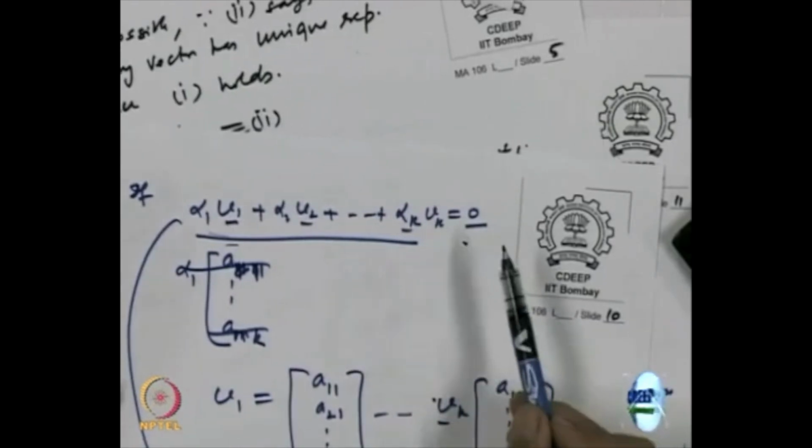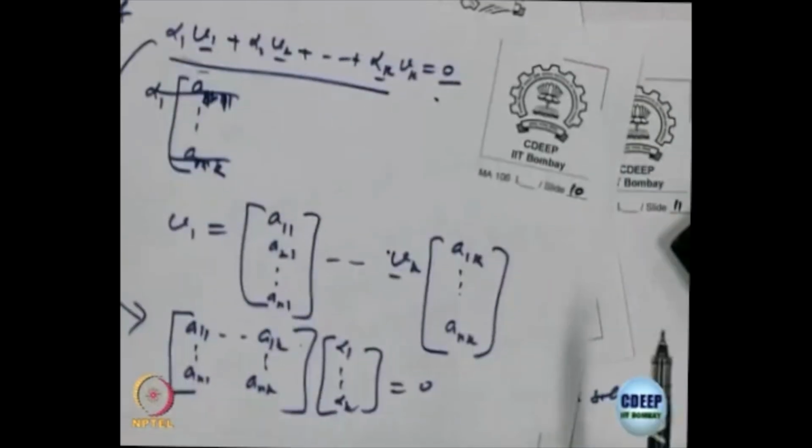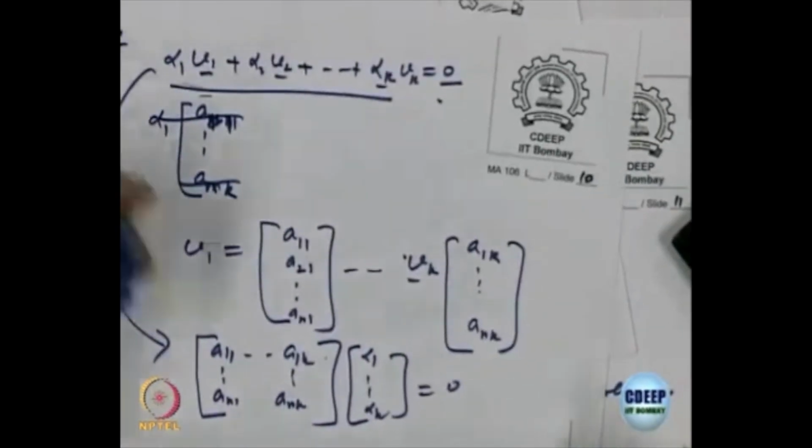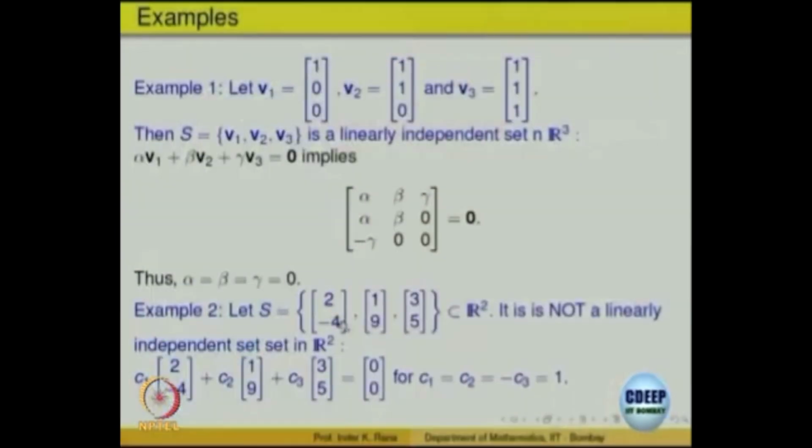That means if I have more vectors than the number of components, then that set is always linearly dependent, and that is what is happening in this case. I have 2 components, right, and the number of vectors is 3. So this has to be linearly dependent, and we verified that there is a possibility here.